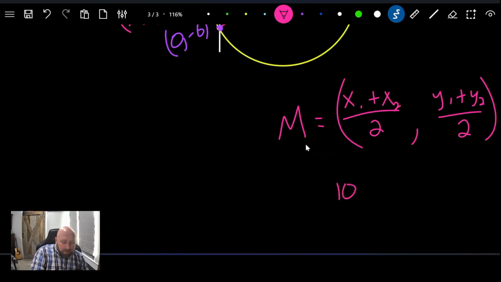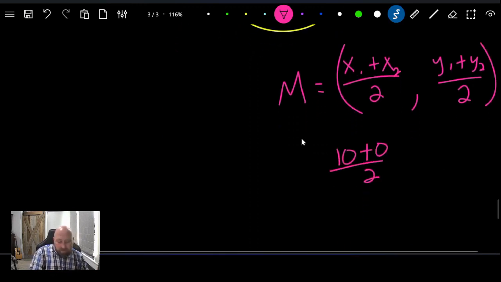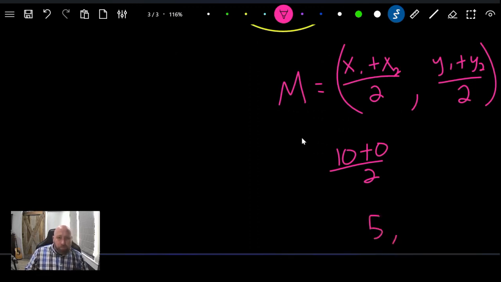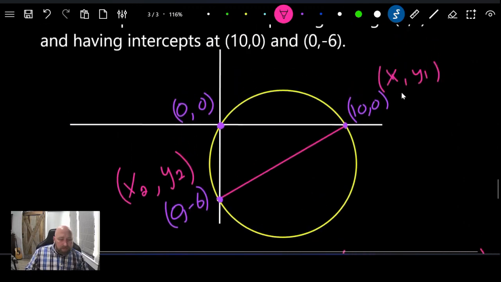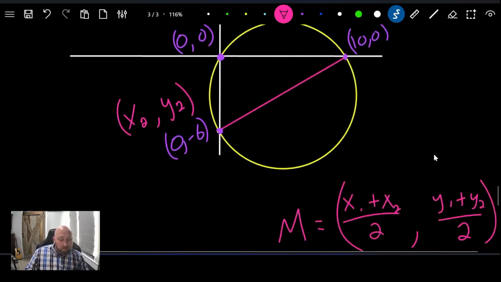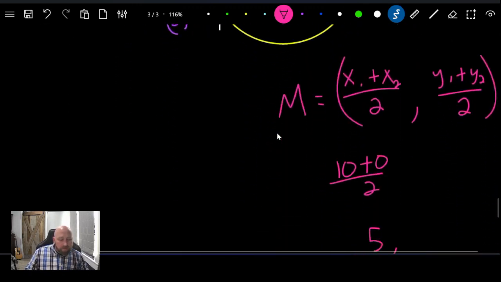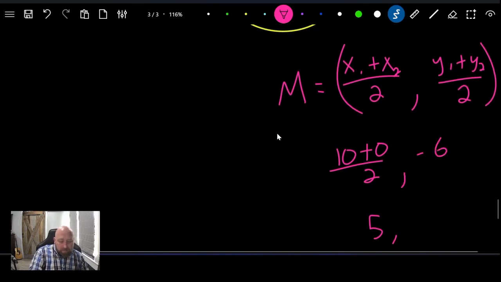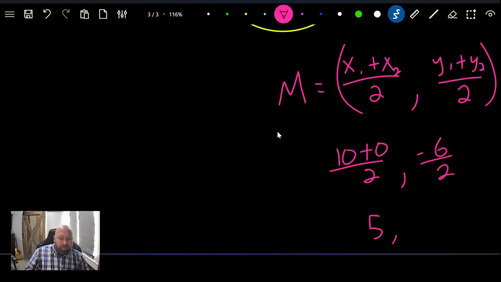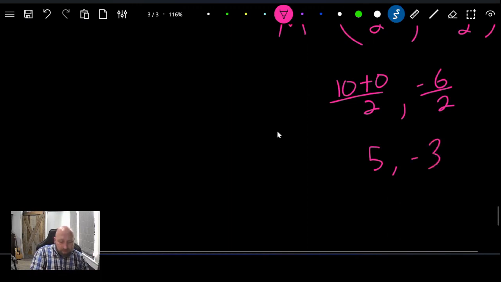So we have 10 plus 0 over 2. 10 plus 0 is 10, and 10 divided by 2 is 5. Then our second coordinate is y1, 0, plus y2, negative 6, which is negative 6 over 2. Negative 6 over 2 gives us negative 3.